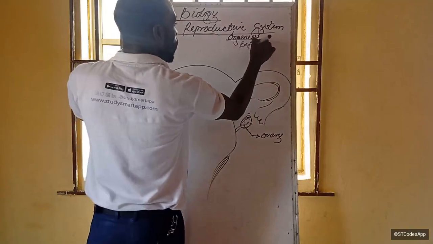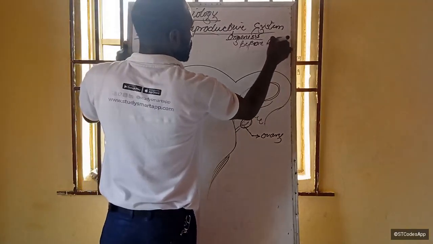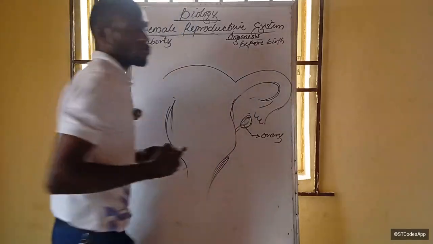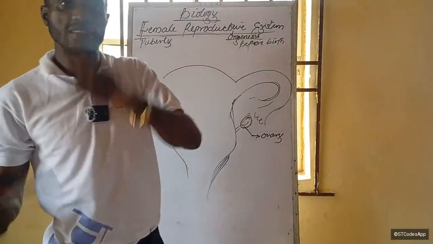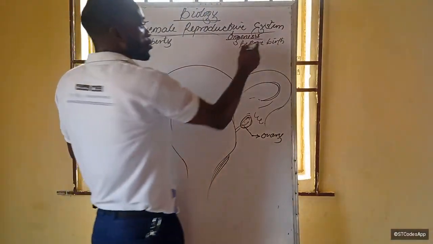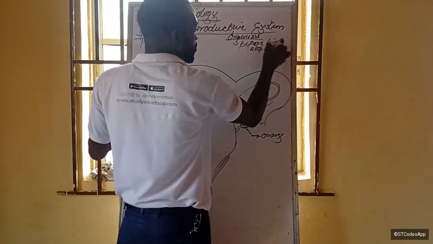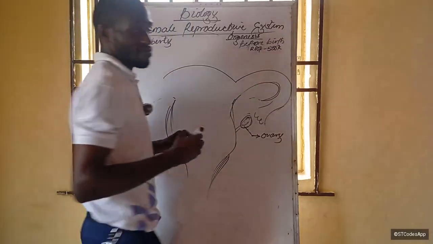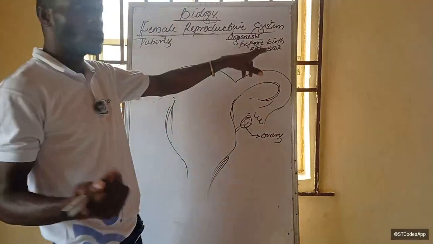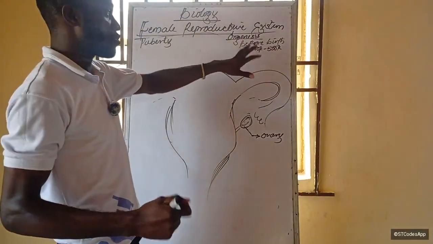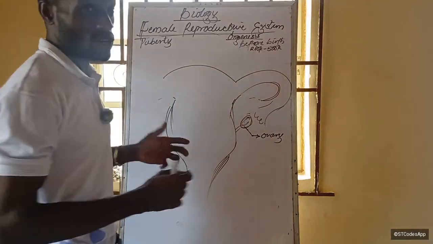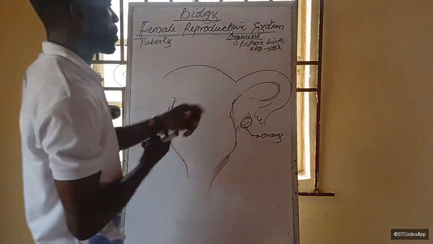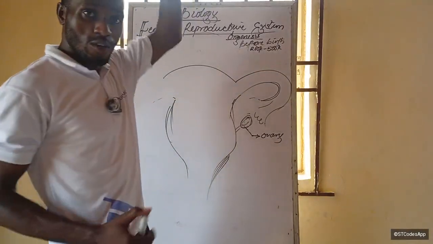So all the eggs that a female will produce have already been produced before her birth, and they are usually between 200,000 to 500,000 eggs in every female. Very fertile women have close to 500,000, while common women have around 200,000 eggs. So the point is that oogenesis has begun before she was born.